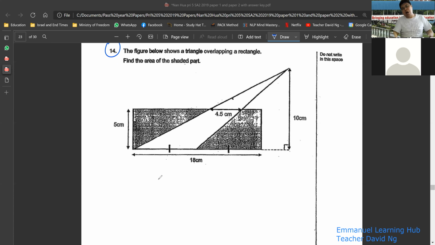To find the area of the shaded part, I need to find the area of this red part first. Agree? Yes.